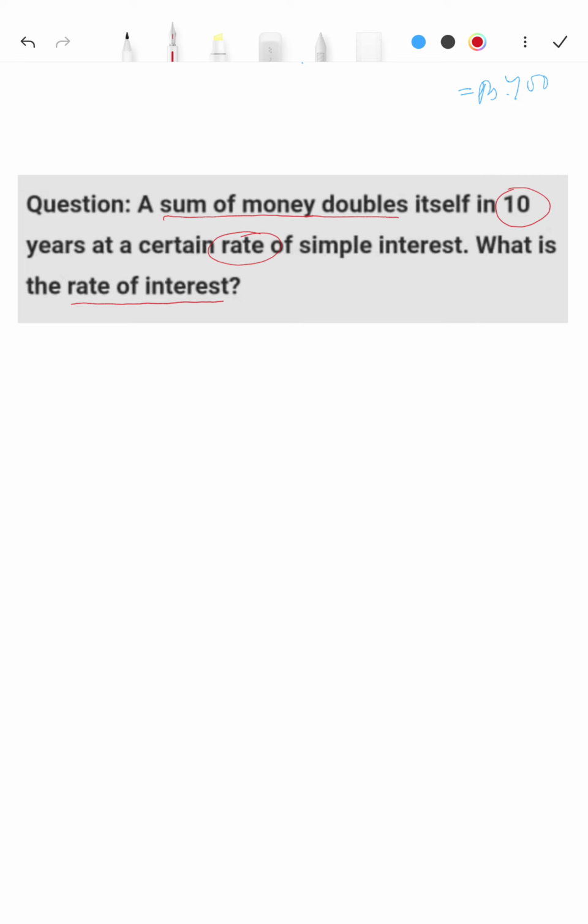We have as a formula, amount equals principal plus SI, and as in the question it says a sum of money is doubled, that means the amount will be doubled when SI becomes P. You see, now we have 2P, or in simple terms, the very sum of money which was lent becomes doubled when SI equals P, the lent amount.